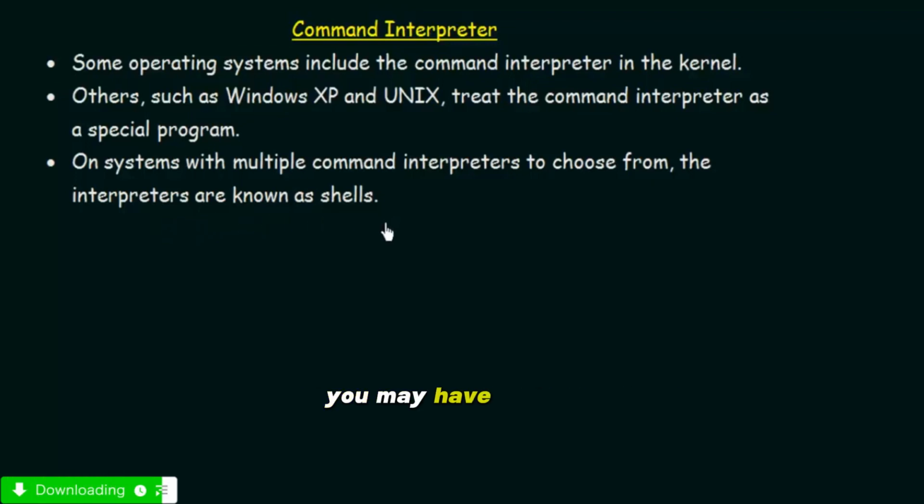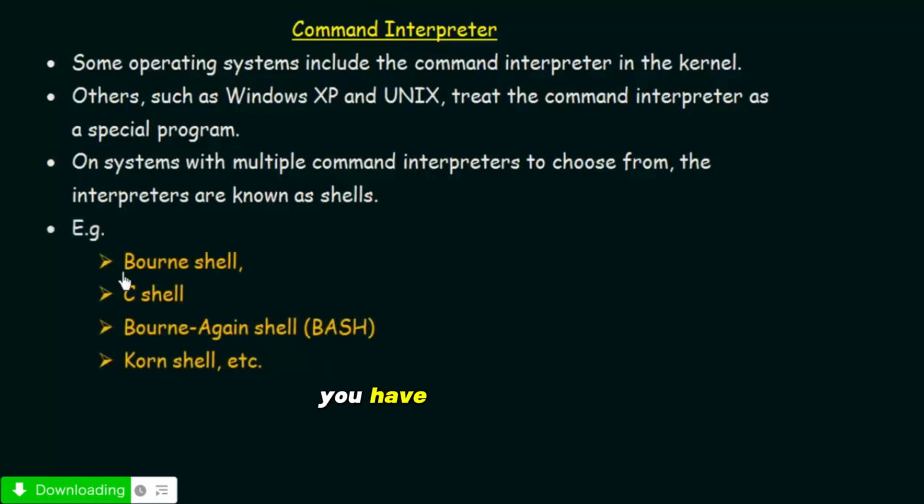For example, you have the Bourne shell, the C shell, the Bourne Again shell, also known as bash, and the Korn shell, etc. So these are some examples of shells that you have.